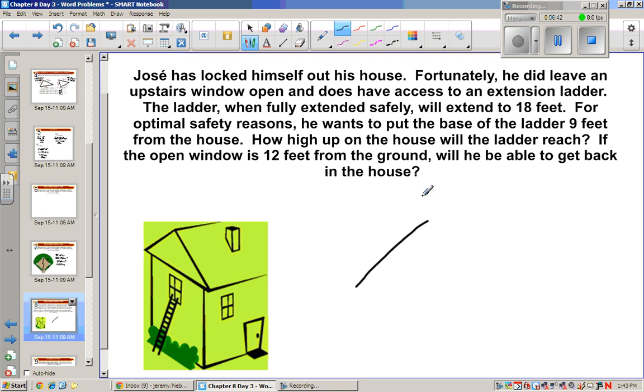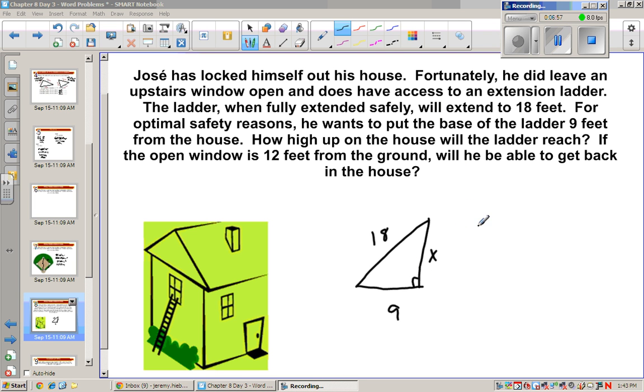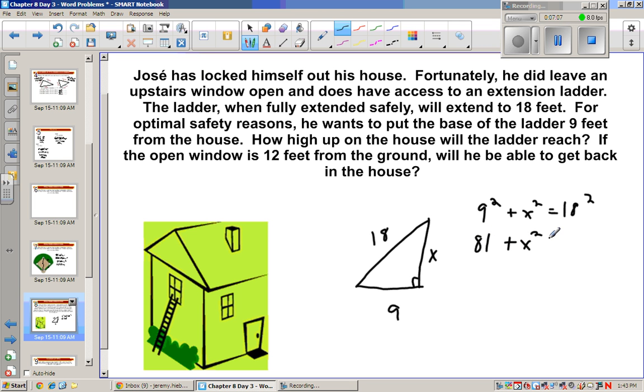Our ladder here, fully extended, is 18 feet, and he keeps it 9 feet from the house. So now he just needs to find this height. We use the Pythagorean theorem, with 18 being the hypotenuse. So 9 squared plus x squared is equal to 18 squared. 9 squared is 81, and 18 squared is 324.